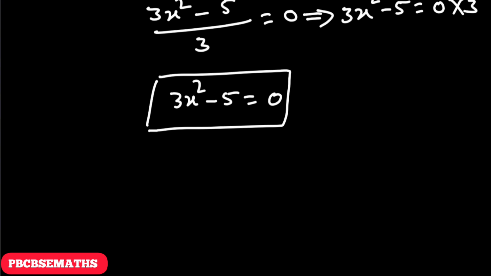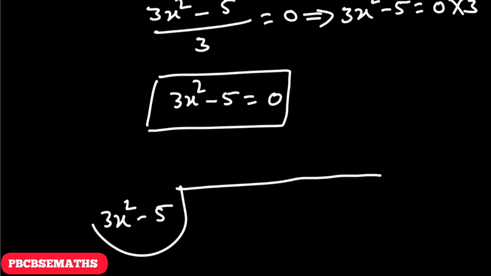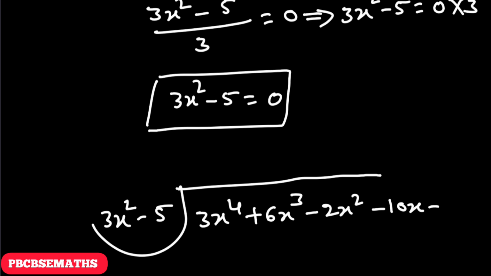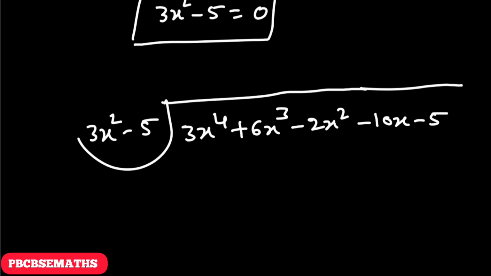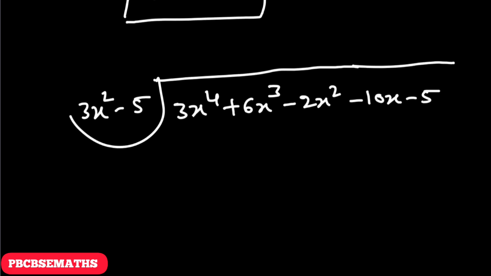So by doing that, we write 3x square minus 5 divides 3x to the power 4 plus 6x cube minus 2x square minus 10x minus 5.